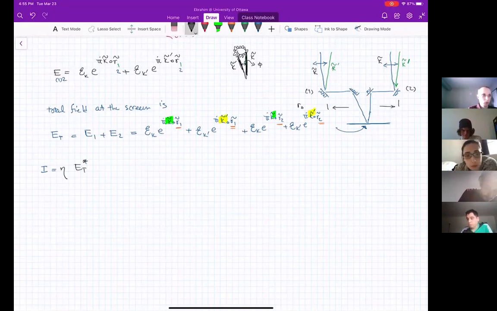E_T star times E_T. And we know very well that our detector doesn't have time resolution. So essentially it does the average on frequency and time. So then you have to do the average on time. Clear?